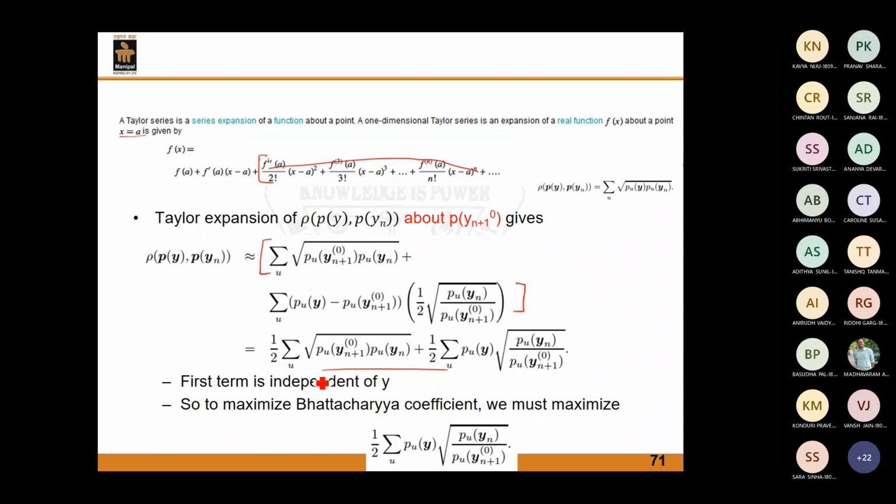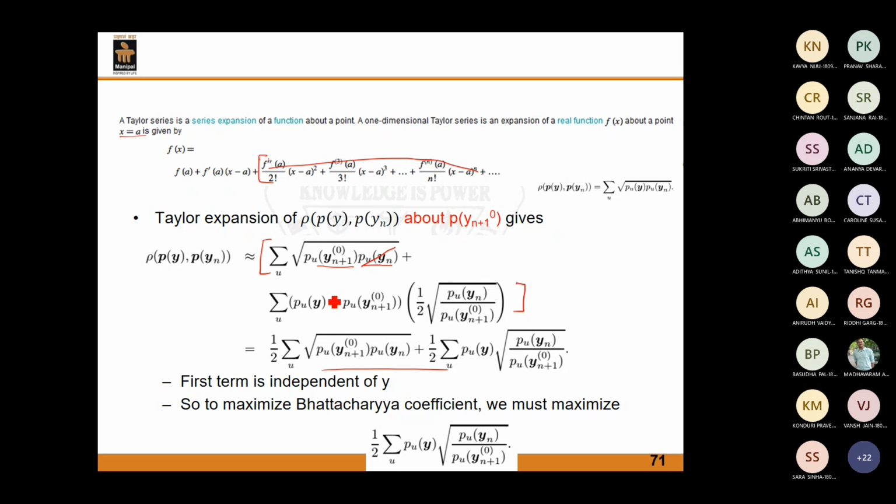Now, let's say I'm taking this first term over here. What I observe is that the probability density function of the initial estimate that I'm considering, and the probability density function of the previous frame, both of them are constants. Because this circular domain, whatever is being considered in the current frame, does not change, that position is always the same.